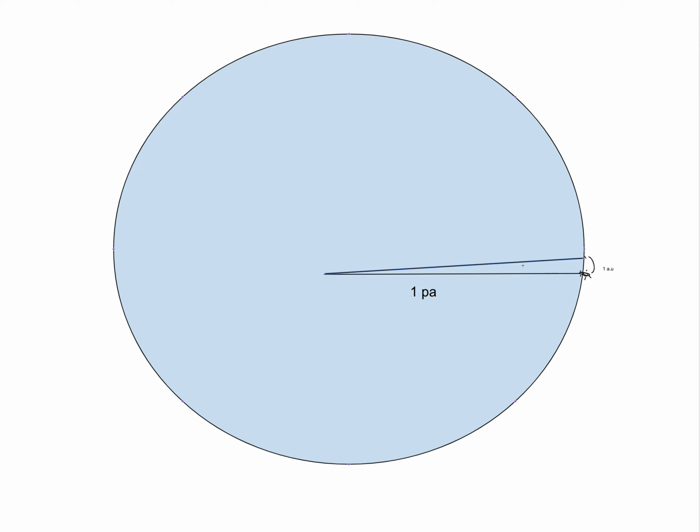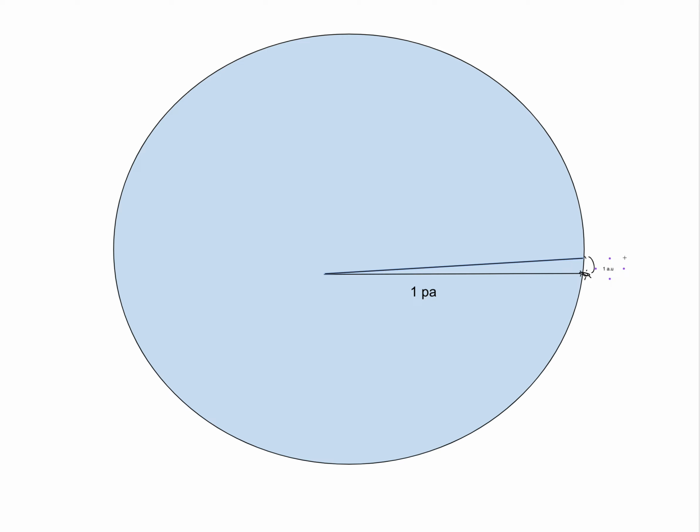And because the angle is very small, this distance will become very huge. That's why 1 parsec will always be more than 1 astronomic unit, which is the distance between the sun and the earth. So this helps you to calculate a larger distance. Okay, so now we can do the math.